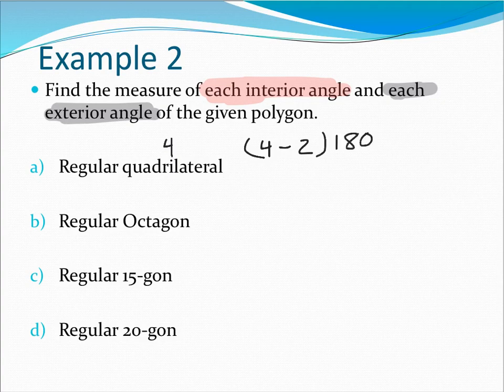This gives us the sum, but we're finding each interior angle. So what do we need to do to this formula to find each angle? Divide by 4. On top we get 360, on the bottom we get 4. So it's 360 divided by 4. What is it? 90.